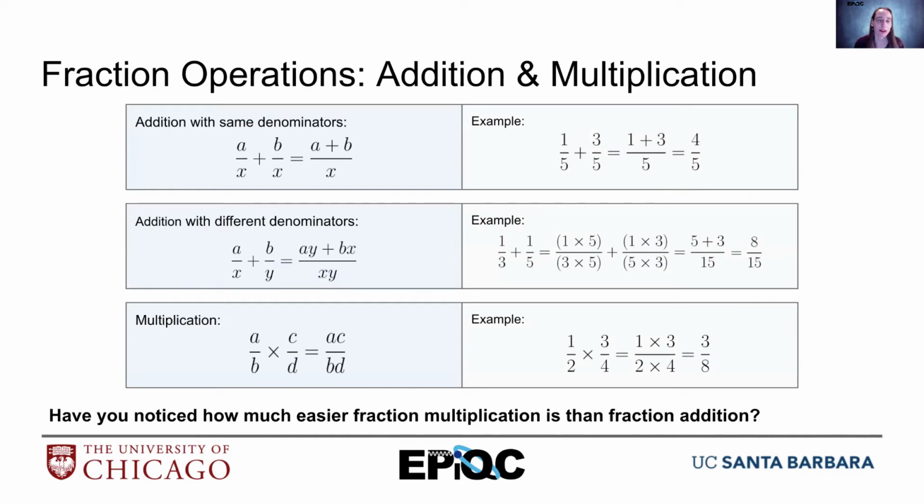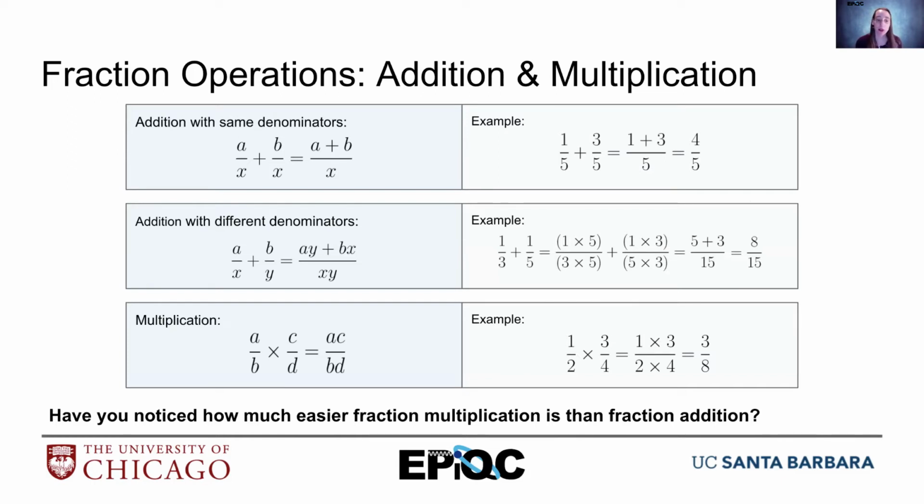Okay, so let's look at addition and multiplication, just to emphasize how natural it is, hopefully, to us now, but how it really doesn't make sense. For example, when we're adding with same denominators, we add the numerators, but we make no change to the denominator.